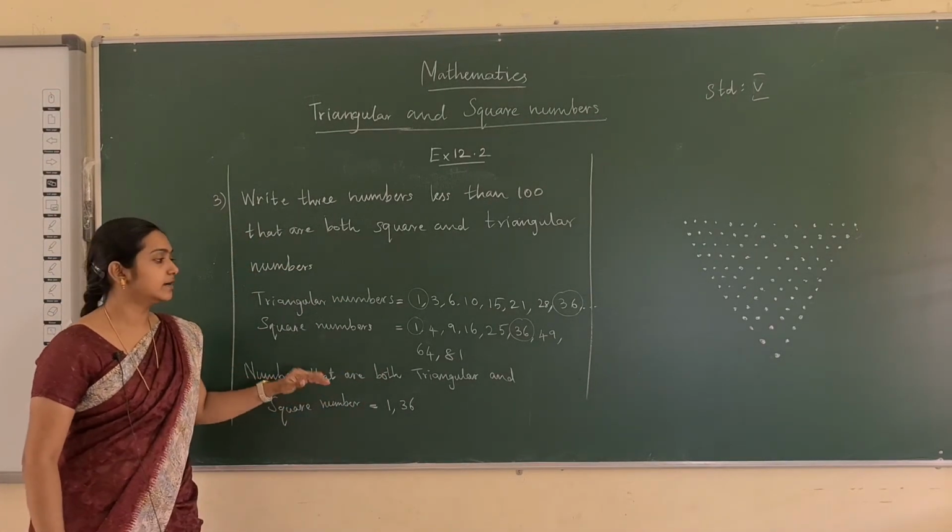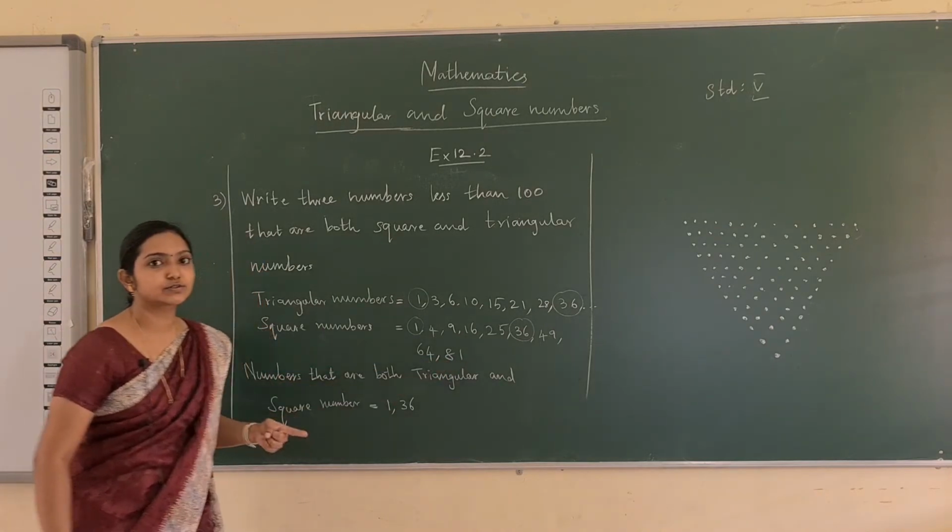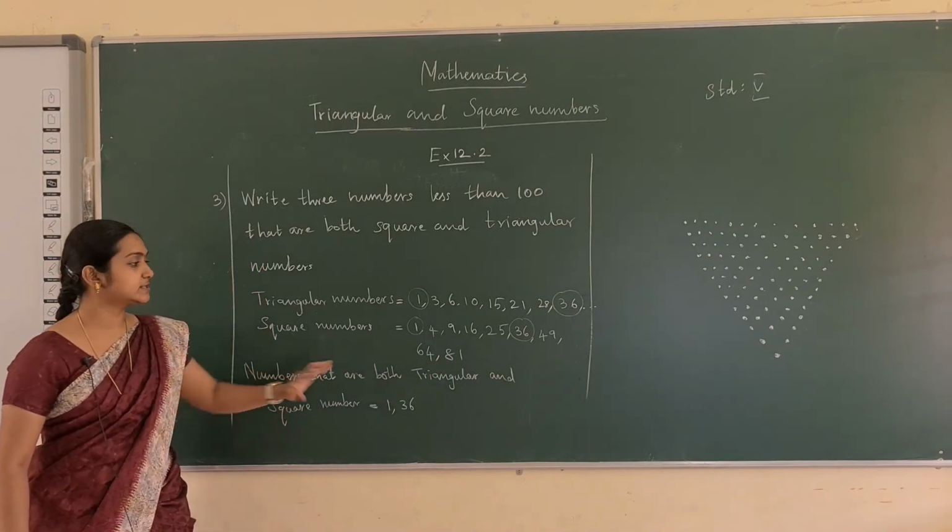So we can stop here, because only till 81 we are having square number less than 100.